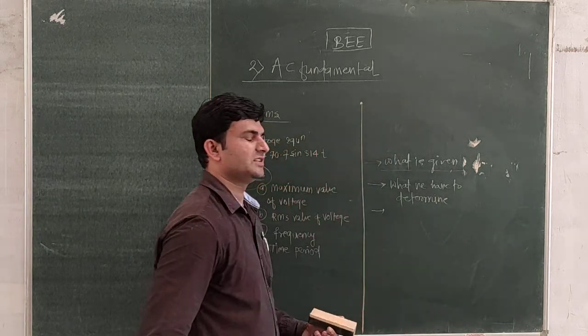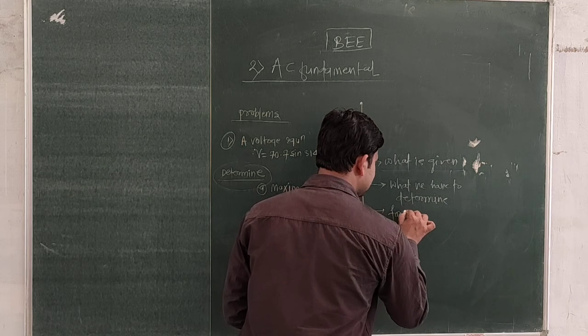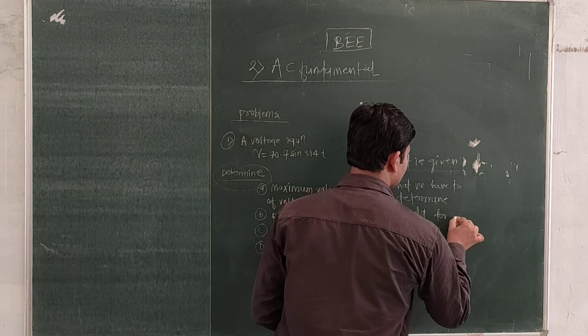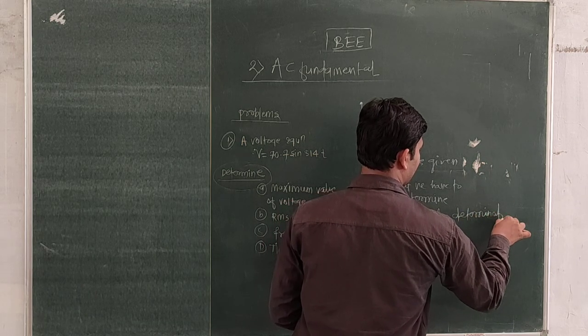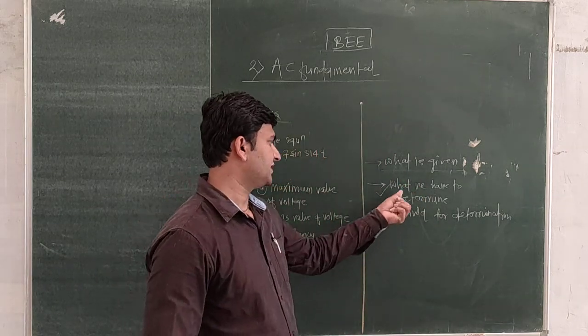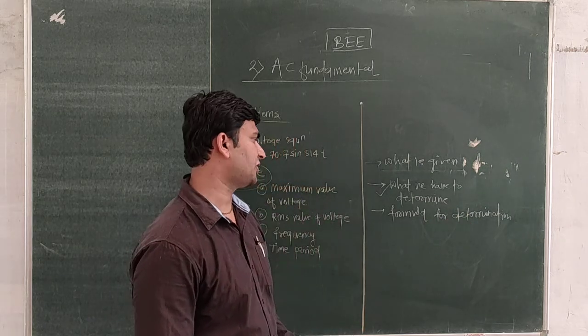Third, write down the formula for determination of the quantities. Write down the formula side by side for the quantity we have to determine.